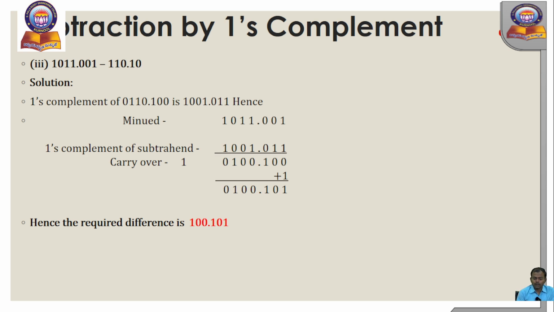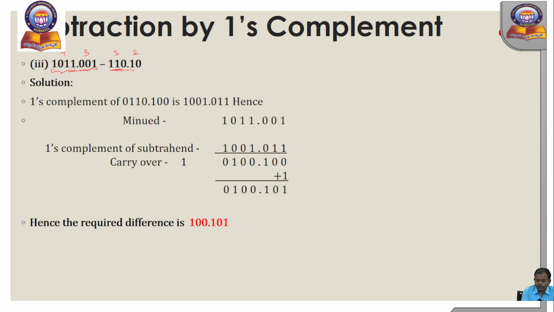This is another example including decimal points. Again you can observe both the integer part and the fractional part must be represented with an equal number of bits. Here the integer part is represented with 4 bits and the fractional part with 3 bits. Here the integer part has 3 bits and the fractional part 2 bits.